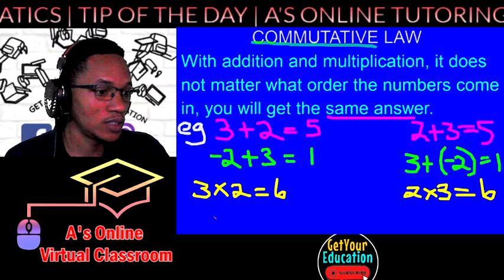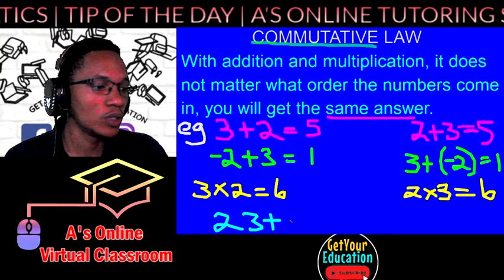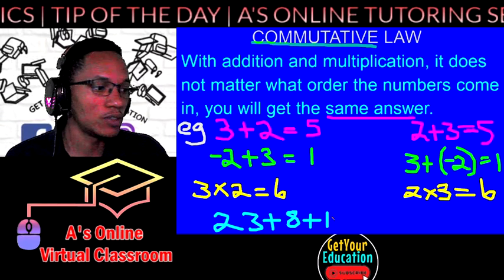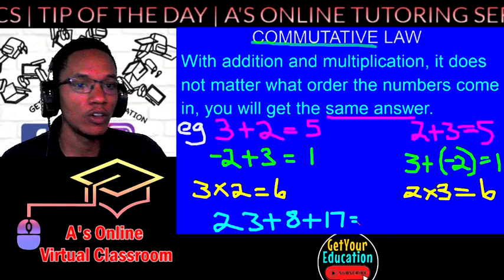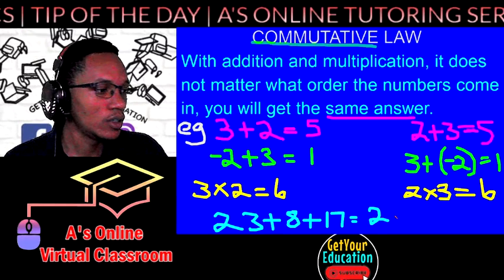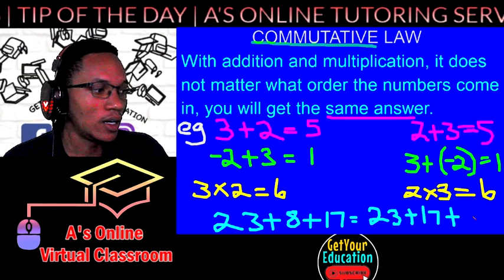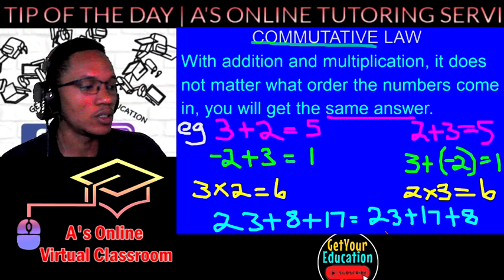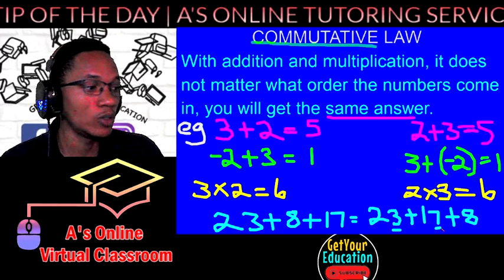So for example, let's say we have numbers like 23 plus 8 plus 17. We can change that around. We can say 23 plus 17 plus 8. And we will get the same answer. Why do I change it around? Because adding 3 and 7 is pretty straightforward. It's 10.